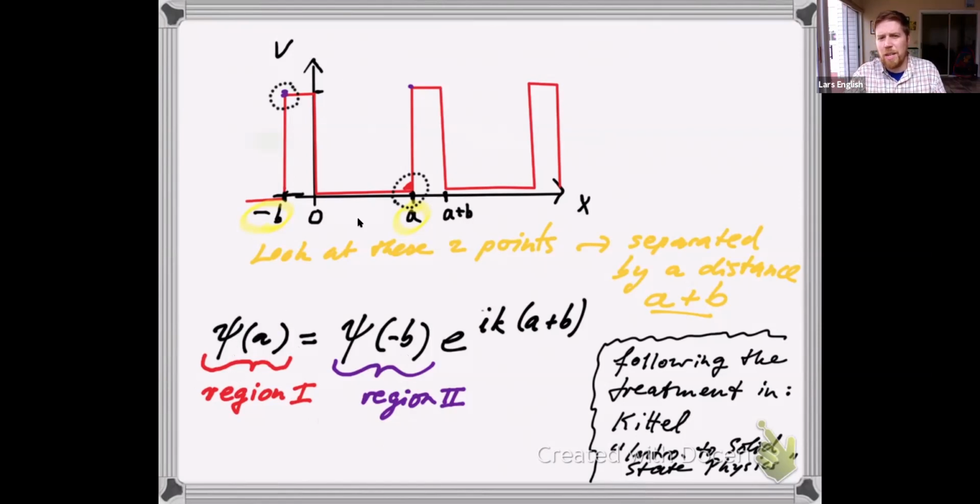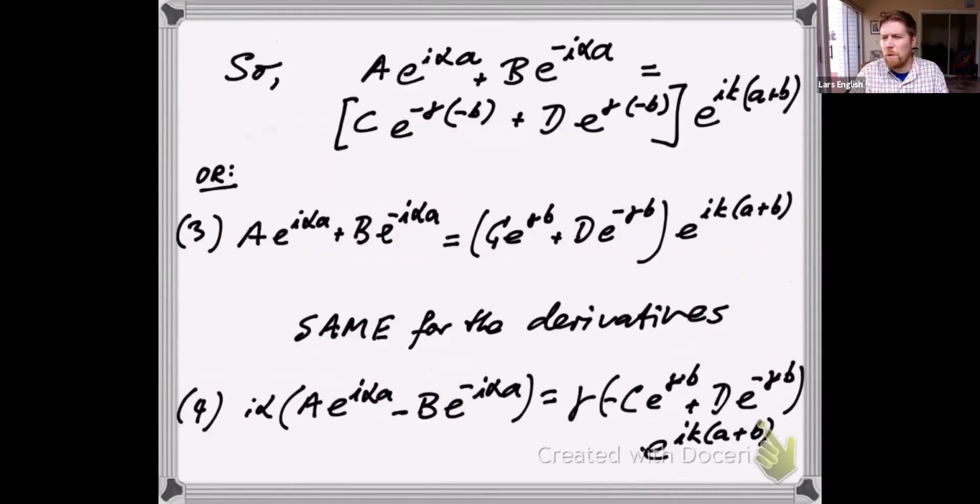So rather than splicing together at the same point x equals a, we're going to do one better and bring in also the periodicity of the lattice. Not just a, but a and minus b. That gives us the additional 2 equations, 3 and 4. So that was the idea.